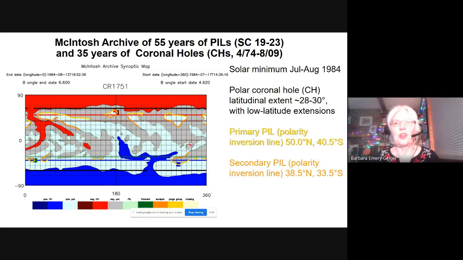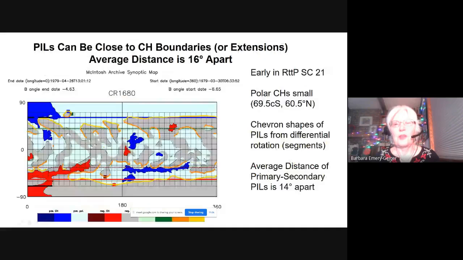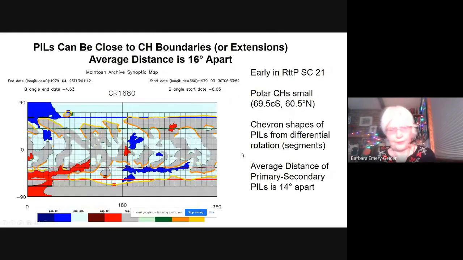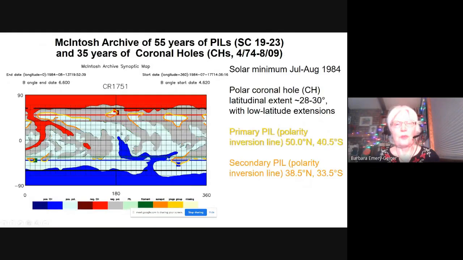There's a dashed line at 37 degrees because of this particular Carrington rotation. We're trying to get enough primary PIL so that we have enough data. So we have a primary PIL here, a little bit there, and here.